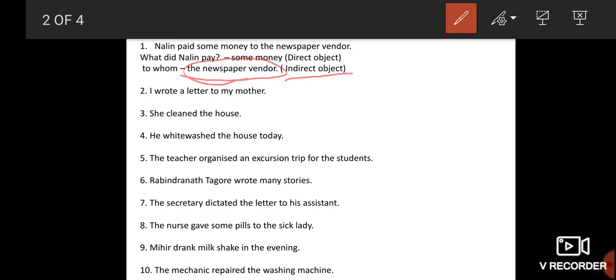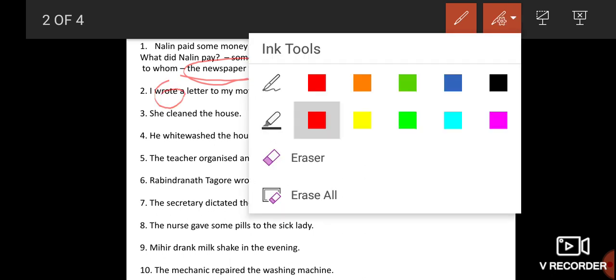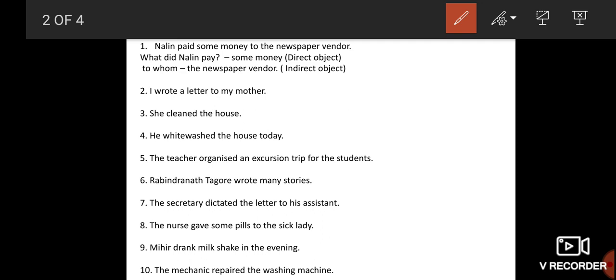Second sentence is: I wrote a letter to my mother. I wrote, this is a transitive verb and you have to underline it. So simply what you have to do? Underline the verb. आपको सिंपल सा इसको अंडरलाइन करना है. A letter, this is direct object and to my mother, this is indirect object.